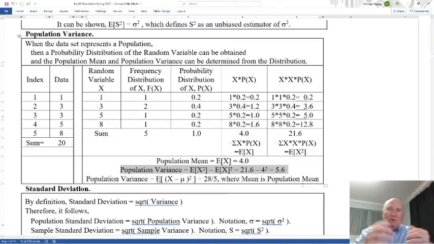And that's simple: one value minus the square of another value, very easy to do, especially in Excel. So the population variance, which is the expectation of the second central moment, is 28 over 5, where the mean is the population mean. Well, 28 over 5 is the same as 5.6. I just gave it as a ratio.